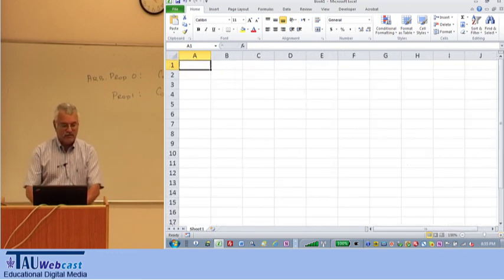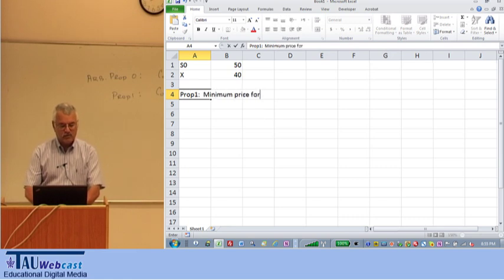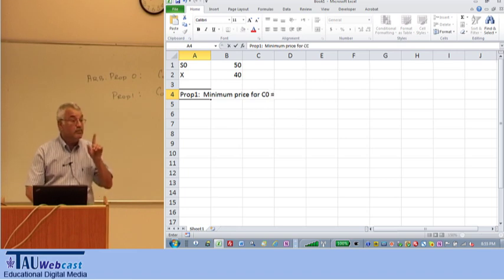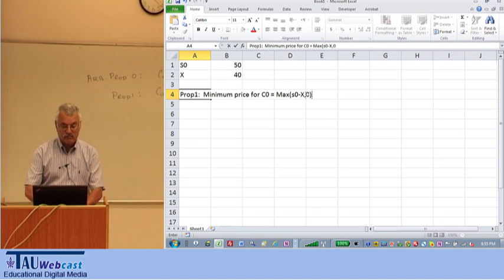So here, let's say I've got S0 is 50 and X is 40, and proposition 1 says the minimum price for C0 is max of S0 minus X or 0.